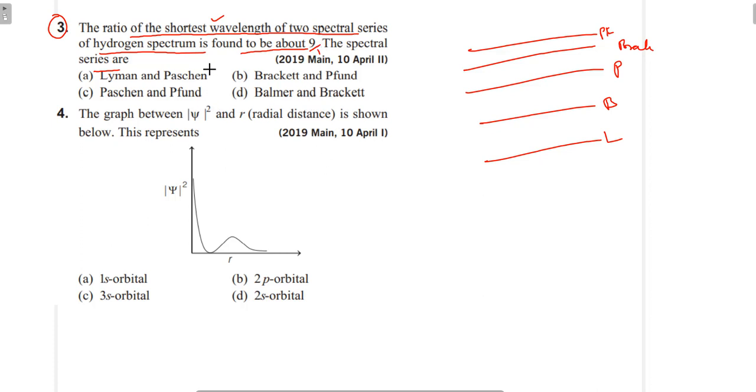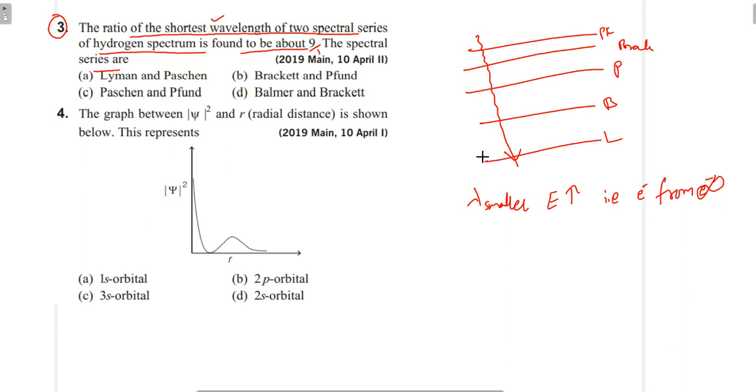So shortest wavelength means maximum energy. The important thing is shortest. Lambda smaller means energy will be maximum. When will energy be maximum? That means the electron is coming from the infinity level.